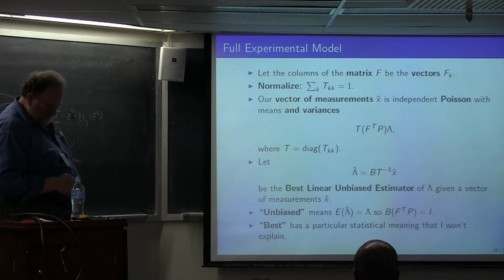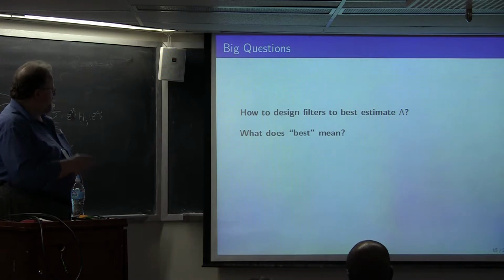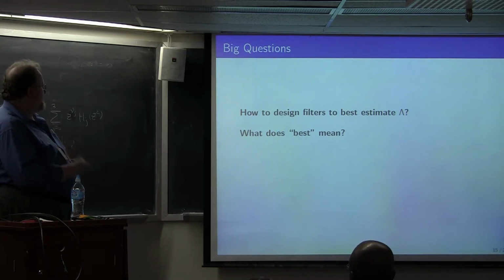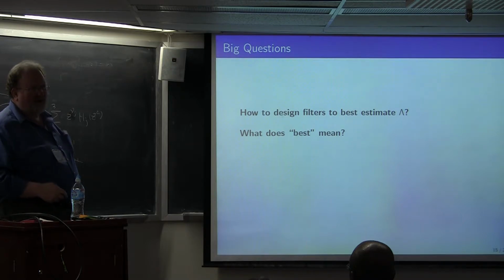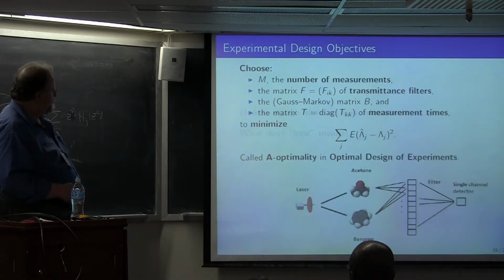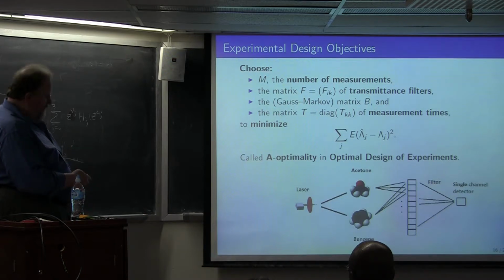B is one of these. Best has a particular statistical meaning. So here's the question: how to design filters to best estimate lambda? What does best mean? You have to say what best means. What you're doing is choosing the number of measurements. It's not the same as the number of chemicals. The statisticians really know something.